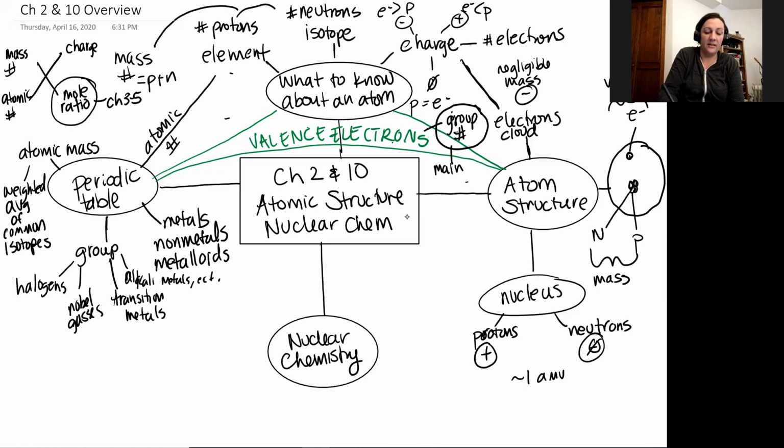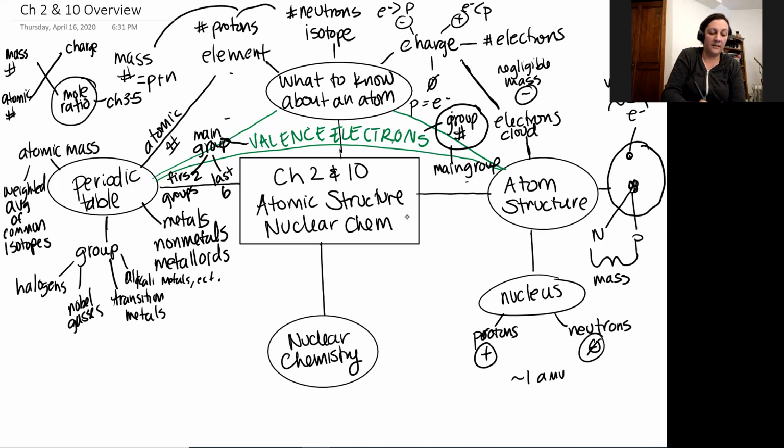And that means the first 2 columns, seems like this should actually be over closer to the periodic table. So that's the first 2 columns and the last 6.